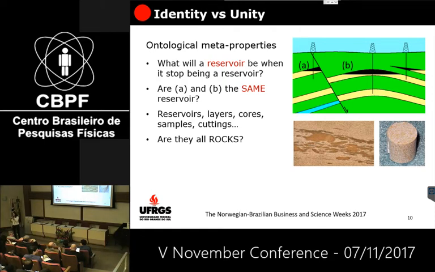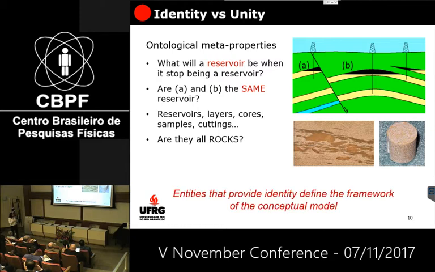Most of the problem is related to this. So we use this to identify what is a reservoir, when it stops being a reservoir, or before being a reservoir, and then we model only what we call rigid objects. These are objects that provide identity to the models and support the framework of the conceptual model.